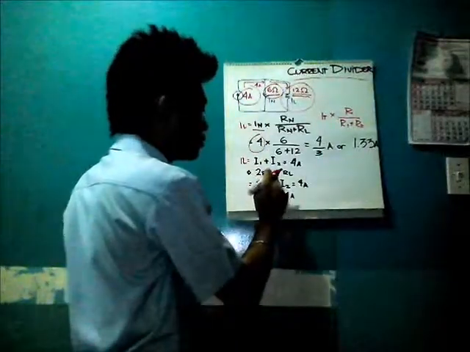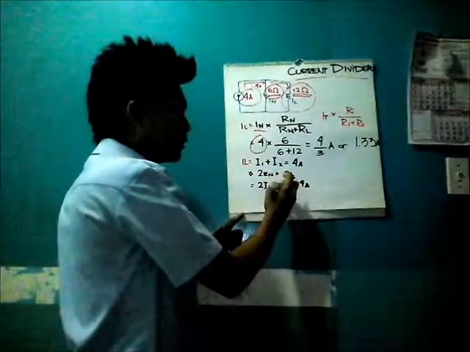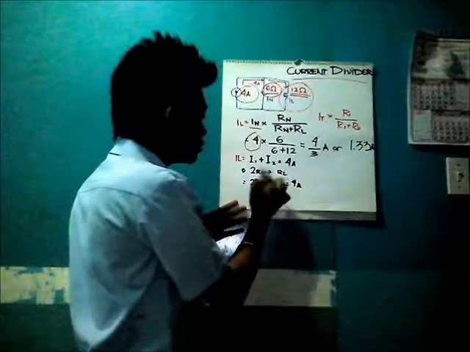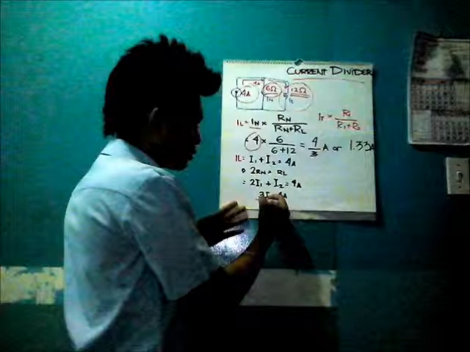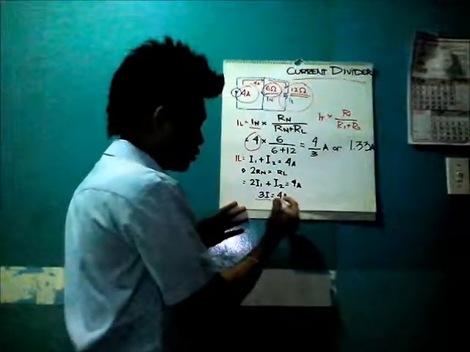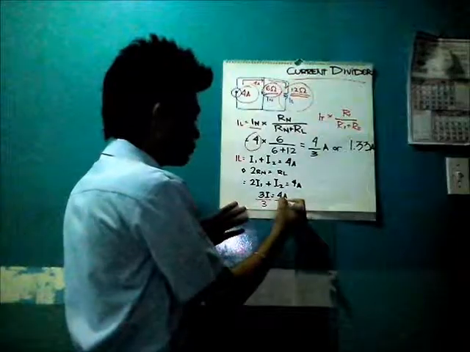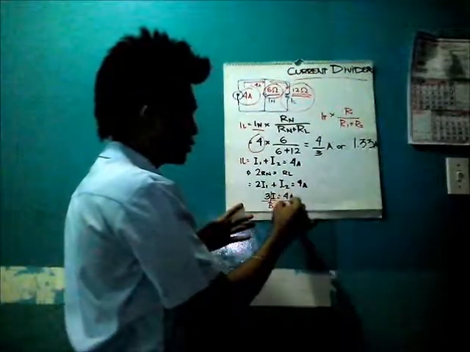So 2 RN is equal to RL. So 2I plus 1I is equal to 4 amperes. So 2 plus 1 is equal to 3, over 3, equals 4. So 4 over 3. So there we have it: 4 over 3 amperes.